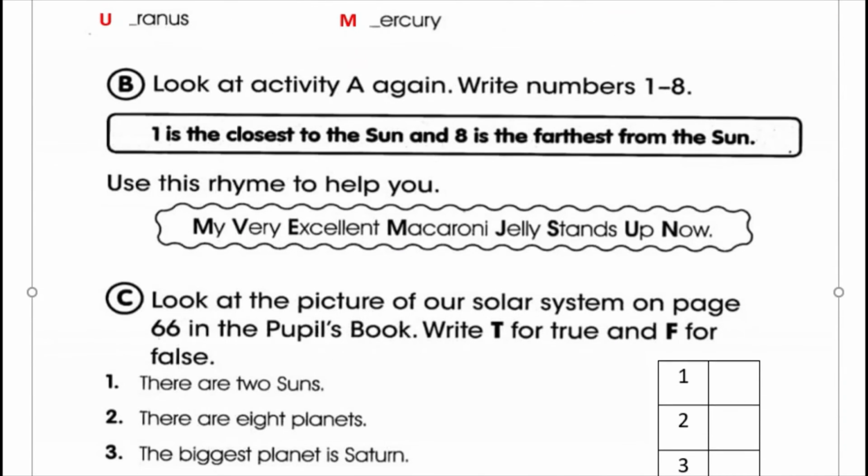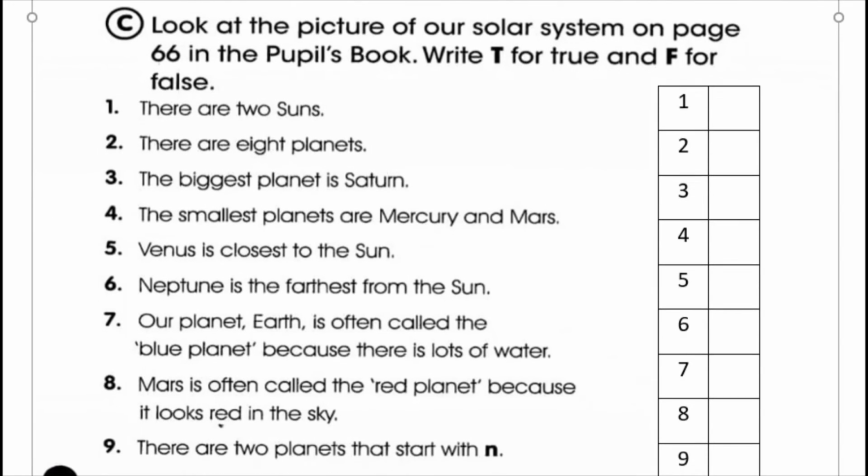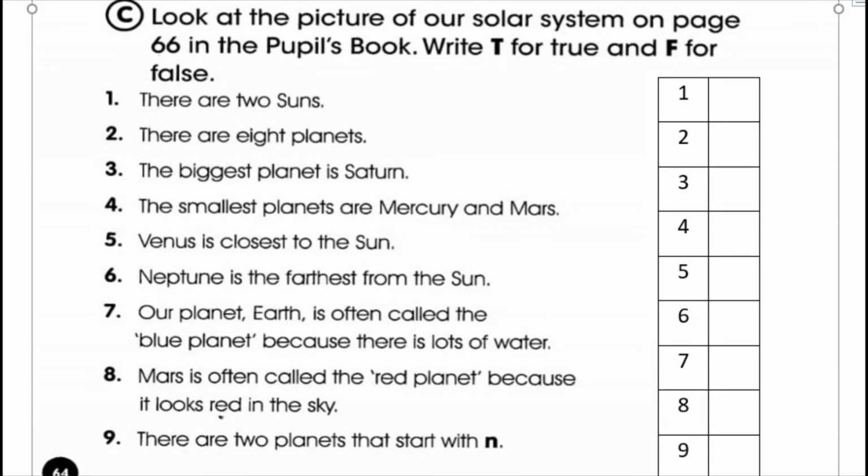So now we shift to exercise C. This exercise is about asking questions about the passage which we have read before. Look at the picture of our solar system on page 66 in the pupil's book.